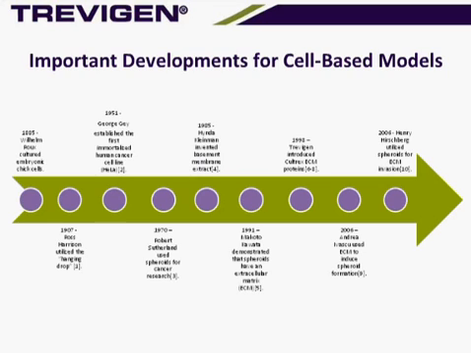I just want to start off with a timeline of events which are important for most cell-based models and specifically our spheroid model. I hope everyone can see this all right. The origins of cell culture date back almost 130 years to 1885, when Wilhelm Roux first cultured embryonic chick cells.